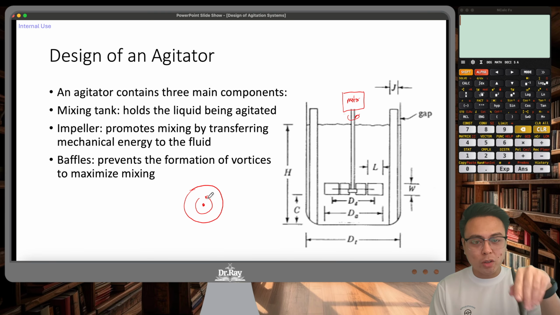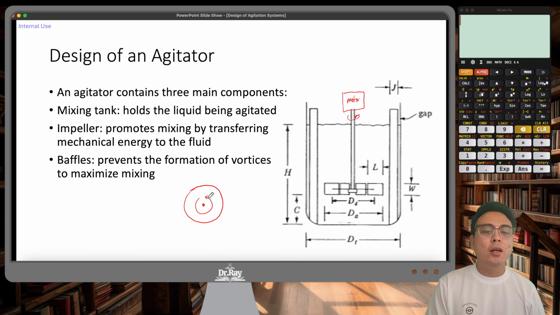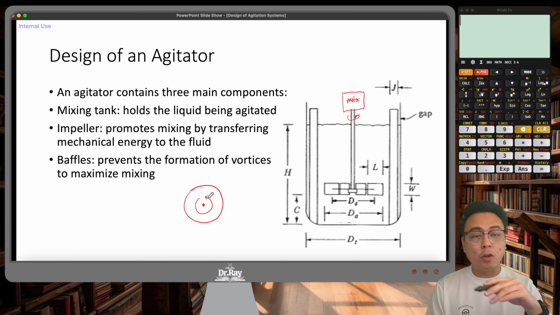Now, as you start mixing in a rotational manner, this vortex actually promotes laminar flow in the rotational direction. And as we all know, laminar flow is not good for mixing because under laminar flow, the layers of the fluids do not mix with each other. They just stay as individual layers.